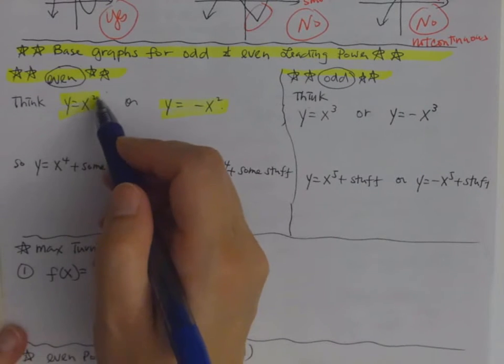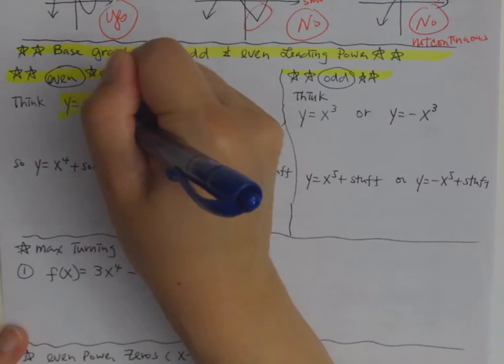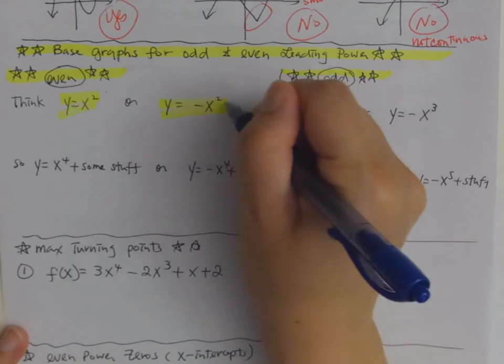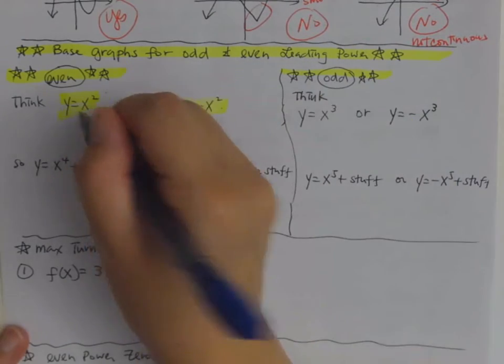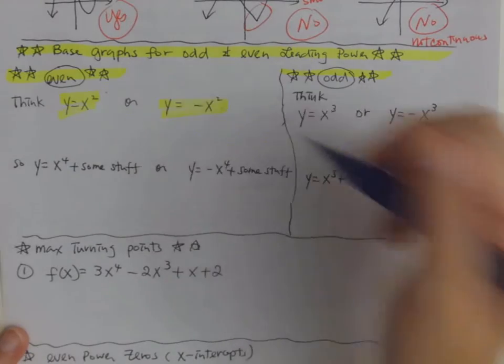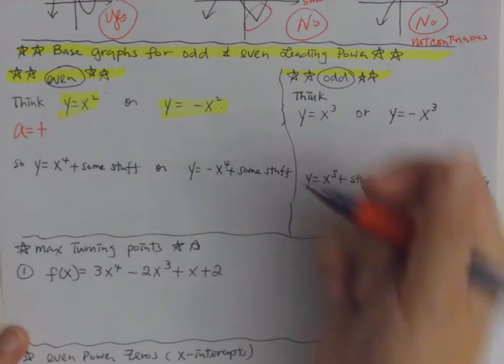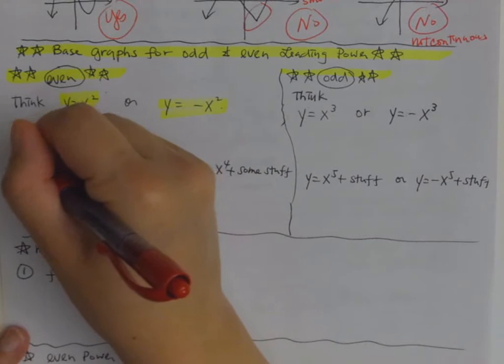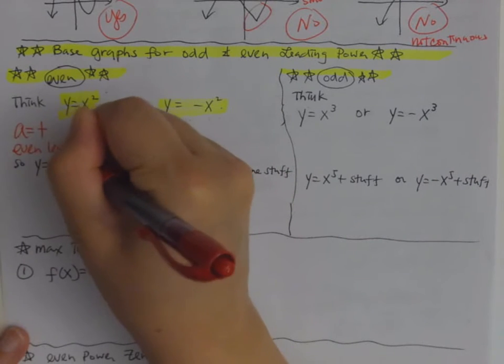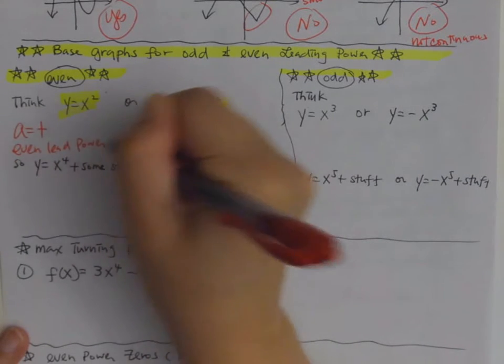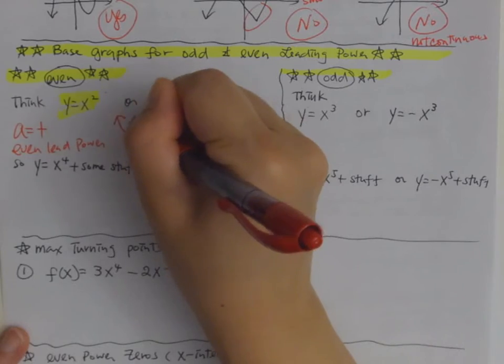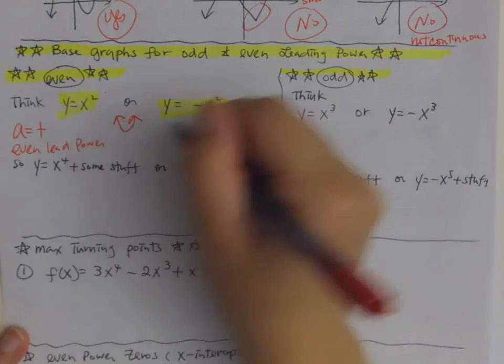So for this one with the leading even power, for both of them, one has a leading coefficient that is positive, and one has a leading coefficient that is negative, right? So when your leading coefficient is positive with even leading power, it looks like an open-up parabola, right? So this is both sides up.